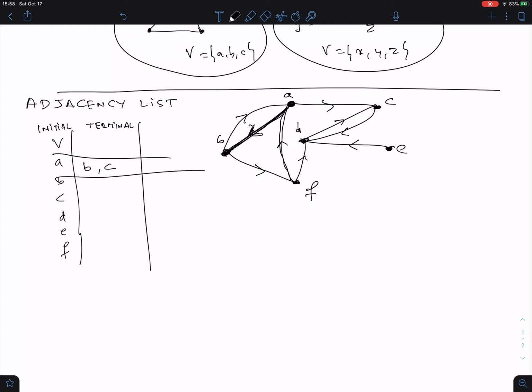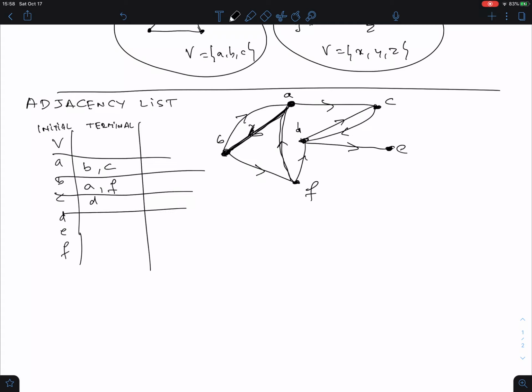Now let's do the rest. For B: B goes to A, B goes to F, and that's it, right? C, where is C? Okay, I'm gonna make little changes here. I wanna show you something, so let me do the arrow the other way. Okay, but C. So C goes to D, and that's the only one, right?